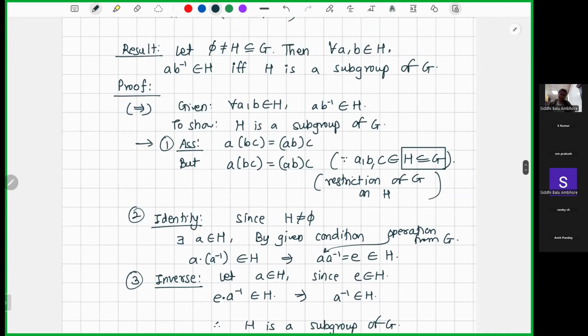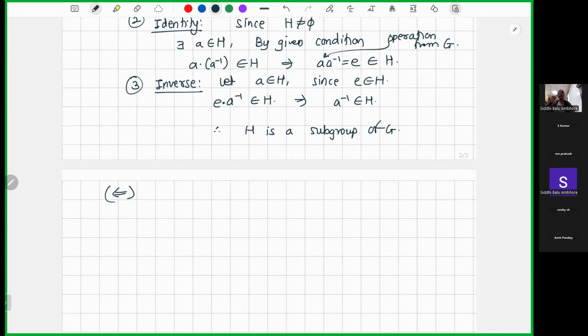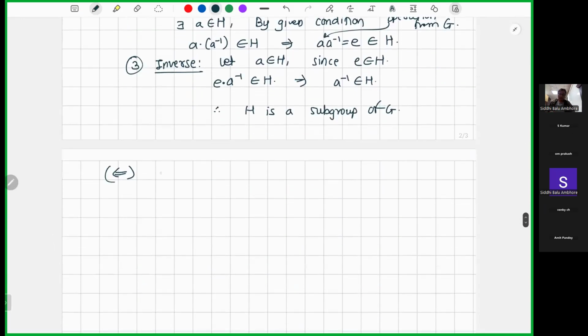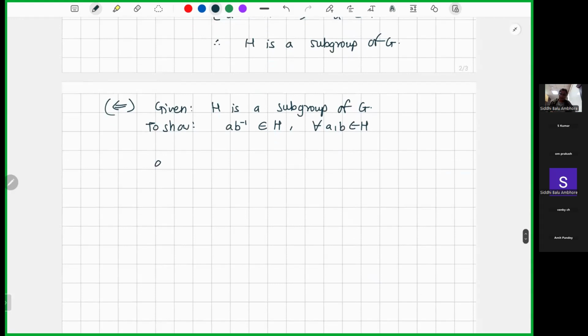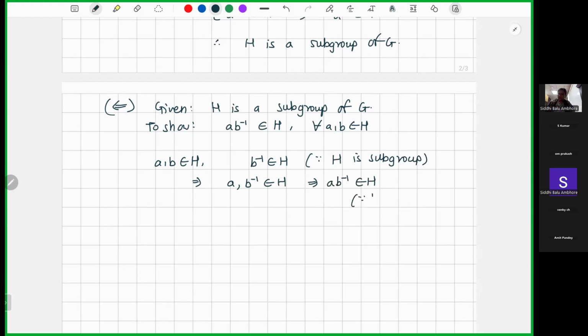And now the other part anyway holds. H is a subgroup, given that H is a subgroup of G, to show that AB inverse belongs to H for all A, B in H. If I take any A, B in H, since B is in H, B inverse belongs to H. So since A, B inverse are in H, and H is a subgroup, this implies AB inverse belongs to H since it is closed under the binary operation.